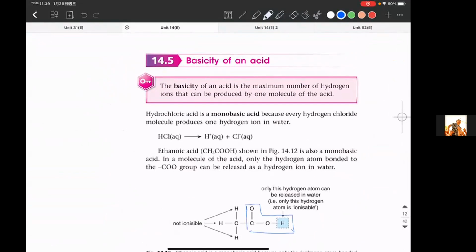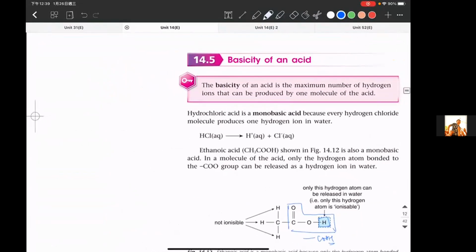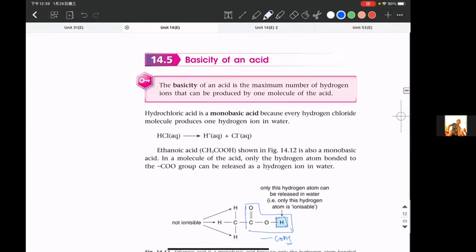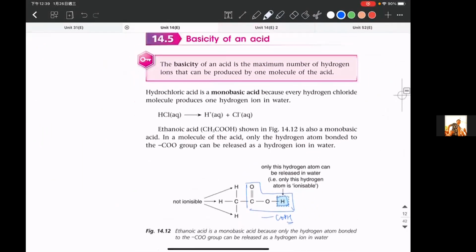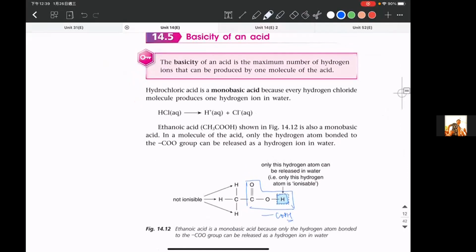Only the hydrogen atom in that COOH group will be ionized. So for ethanoic acid, one molecule will produce one hydrogen ion. So we call that acid monobasic acid. Mono means one, monobasic acid.